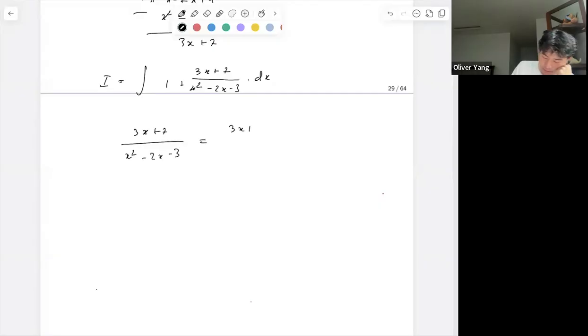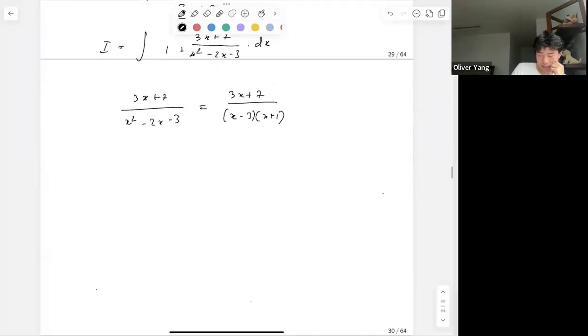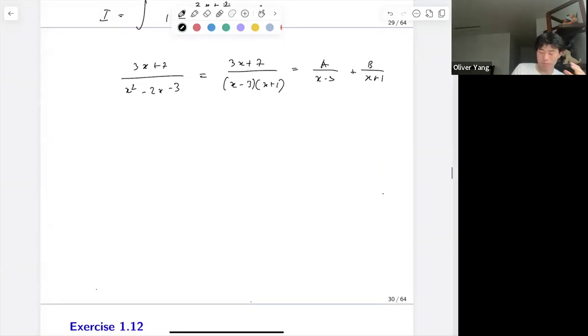And so this becomes (3x plus 7) divided by, and we can write it in terms of two factors, (x minus 3)(x plus 1), yeah? Cool. All right. And then we can write it as a over x minus 3 plus b over x plus 1. Cool. And we're just going to multiply through.